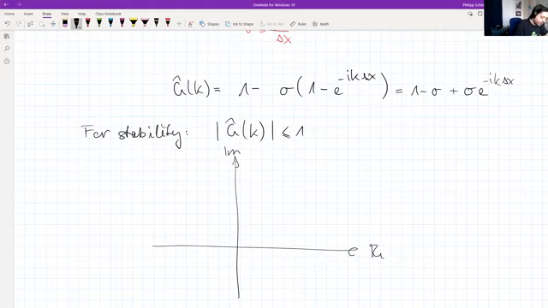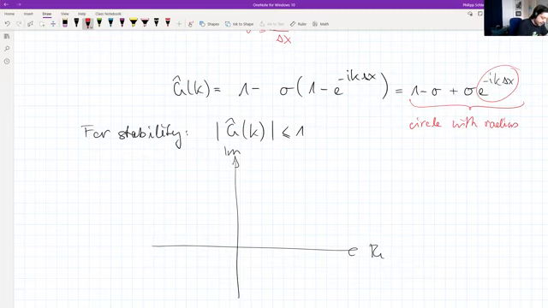Now you can wonder what this here is. Well, this corresponds to a circle. So the circle is this guy with radius sigma, and a center at 1 minus sigma.